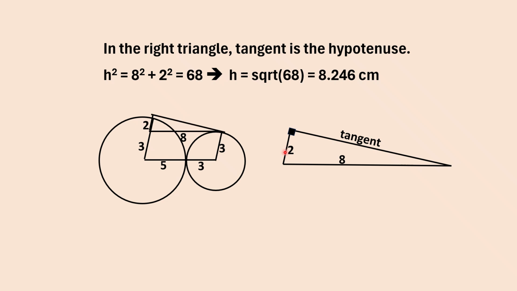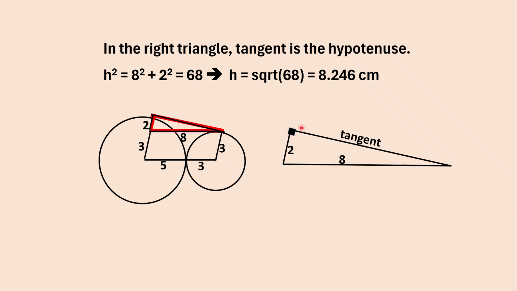So the altitude is 2, the tangent is the hypotenuse, and the base, which is parallel to the line joining the centers, is 8. So we get a right angle triangle. It is a right angle because the tangent and the radius are always perpendicular. The radius is always perpendicular to the tangent. We have marked the right angle on the figure shown separately on the right side.